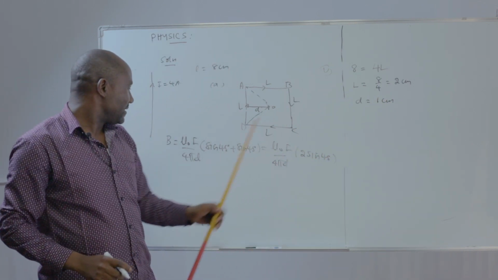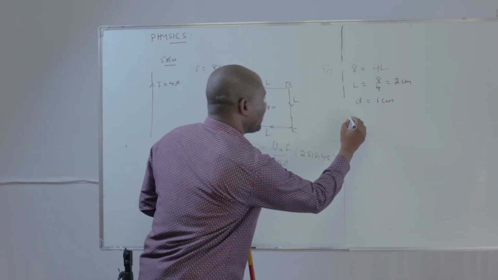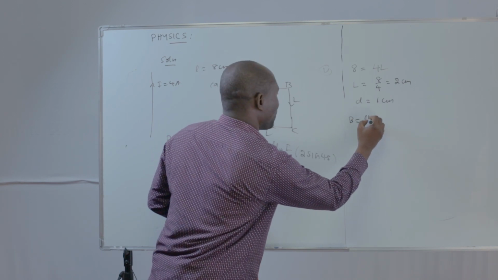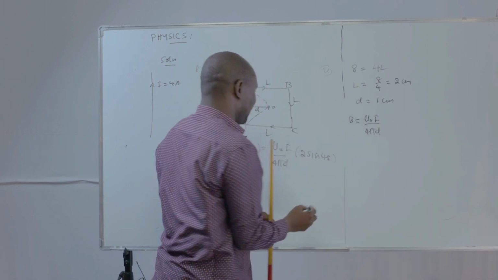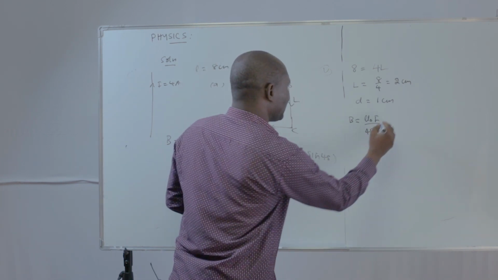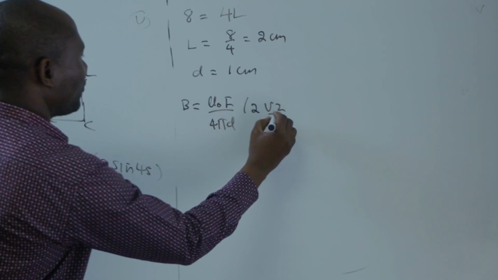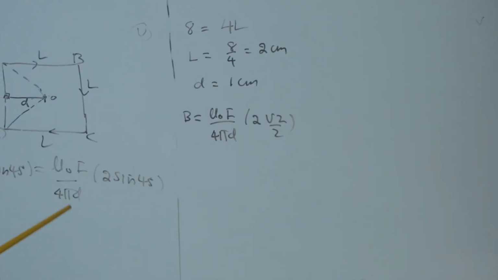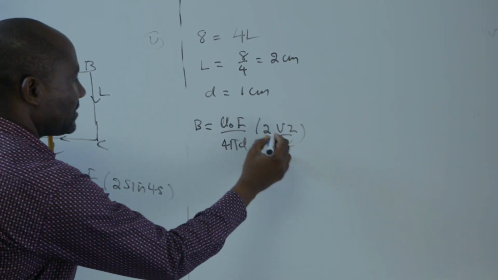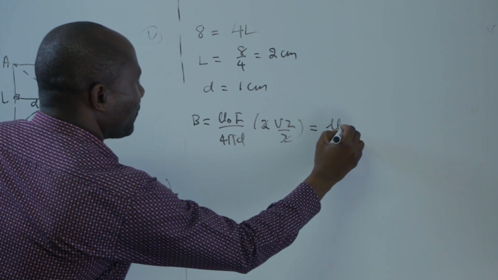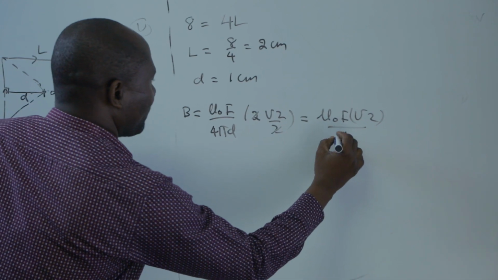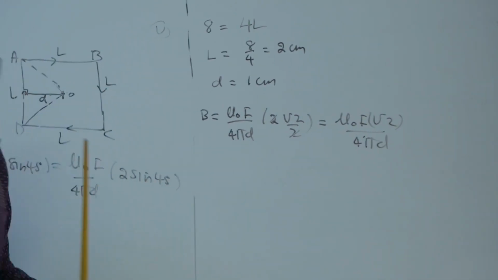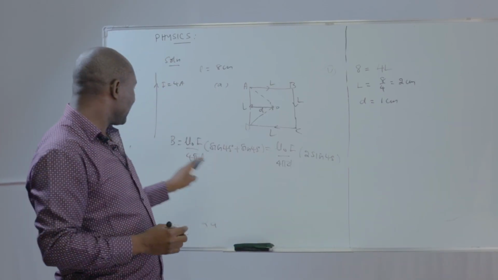So by knowing D, you plug in the formula, B equals mu I over 4 pi d, times 2 radical 2 over 2. This is sine of 45. The 2s cancel out, and then you have mu I radical 2 over 4 pi d.